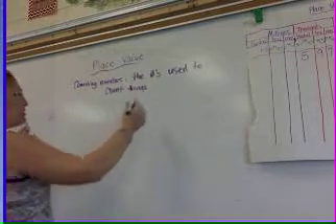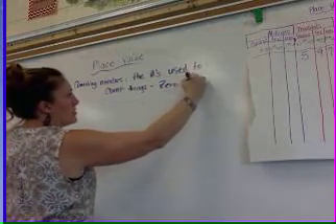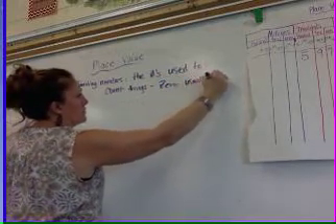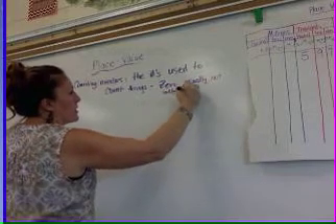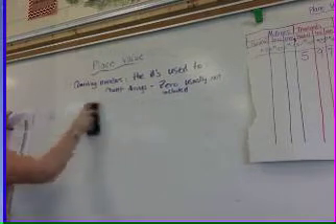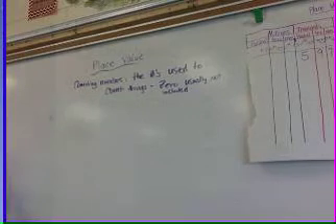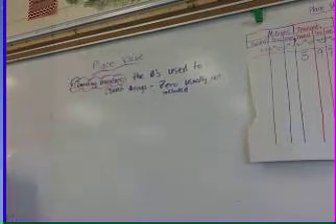Okay, and 0 is usually not included. So if I were to count objects, I would count them like this: 1, 2, 3, 4. Those are counting numbers, basically just the numbers that we use to count things. So our first one is counting numbers.